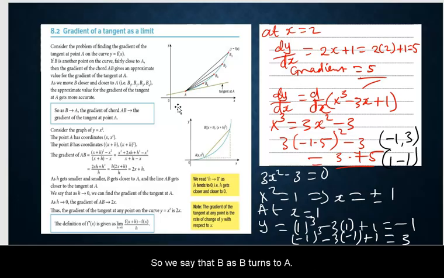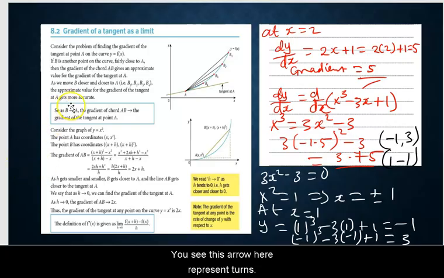So as B approaches A, the gradient of chord AB approaches the gradient of the tangent at point A. The arrow represents approaches, right?